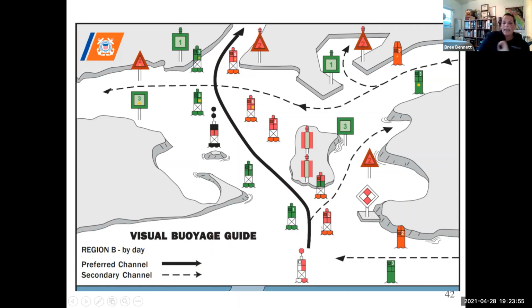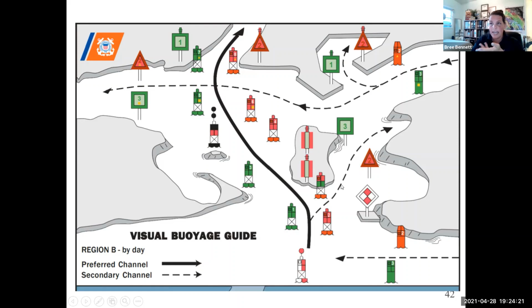So if we have a secondary channel that is saying it's safe to go this way on this side of the island, but the preferred main channel is to stay over here in the dark black line, you can still use the dashed line.